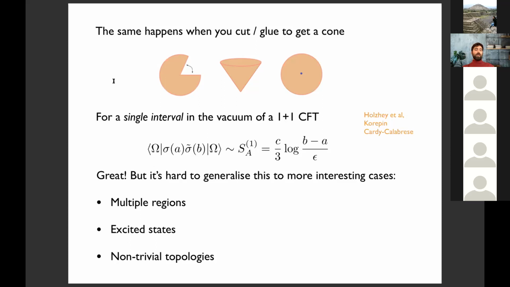And the statement is the following. If you're interested in a single interval and your global state is the vacuum in 1+1 dimensions of a conformal field theory, then the nice thing is that when you do this calculation of the Renyi entropies and take the limit, the entanglement entropy is determined by the 2-point function of these twist operators.